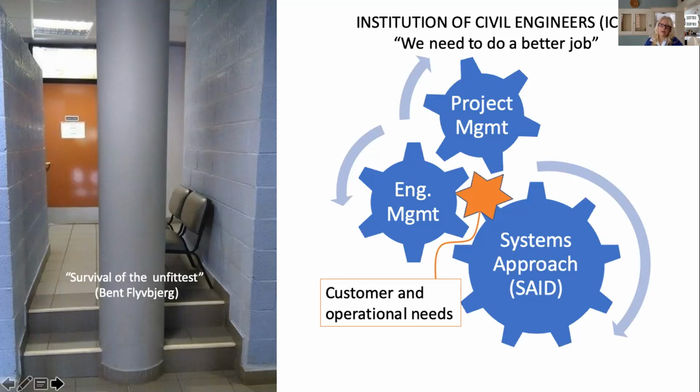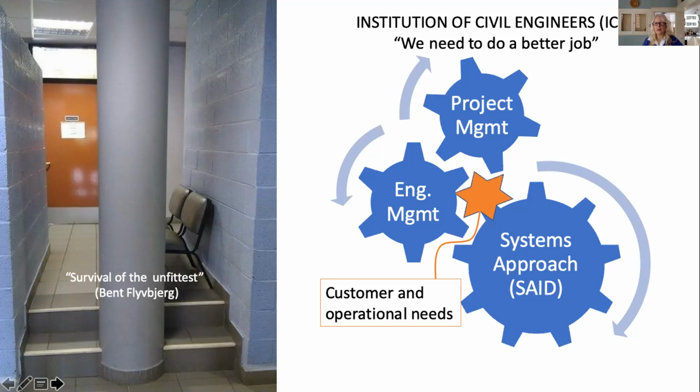So in December of 2020, the Institution of Civil Engineers recognized that we need to do a better job. And it was prompted in part by something that the previous speaker was referring to, and that is COVID-19. We understand that we're expecting a huge influx of funds into infrastructure to help build back after COVID.